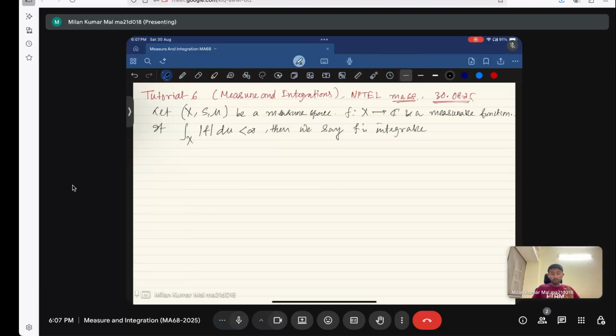Note that mod f is an extended real valued non-negative function.